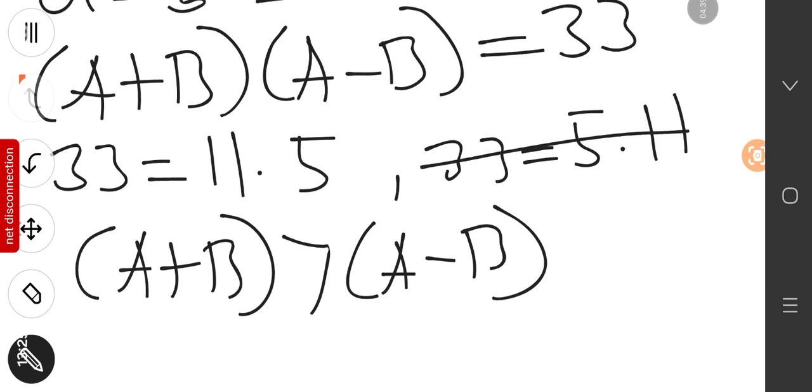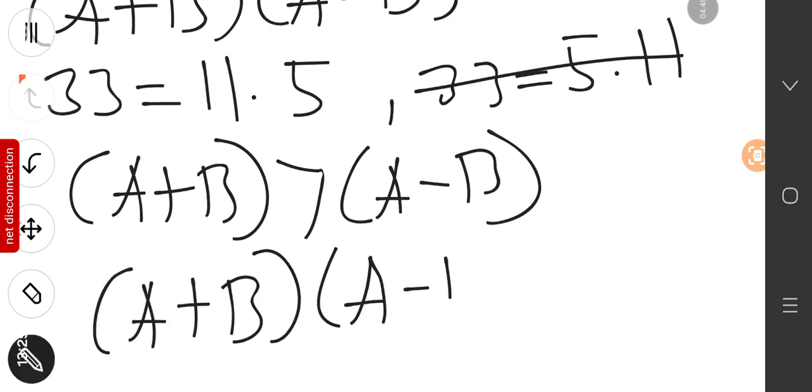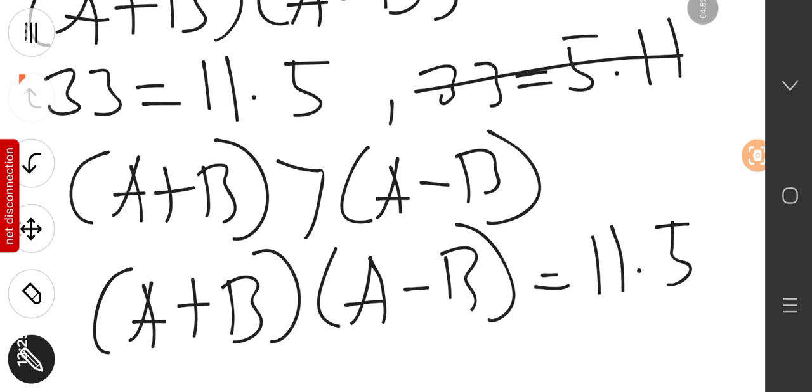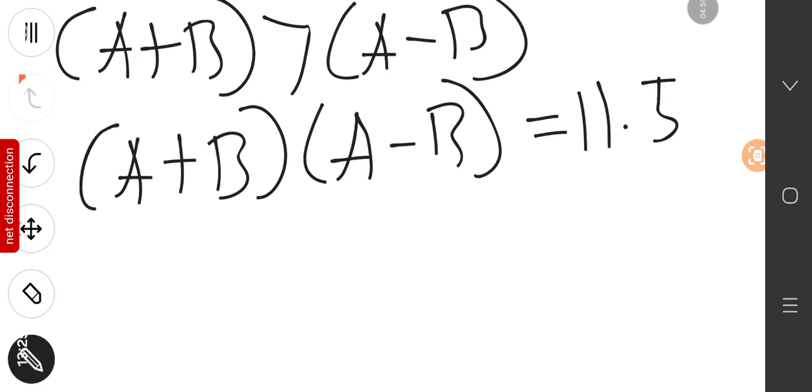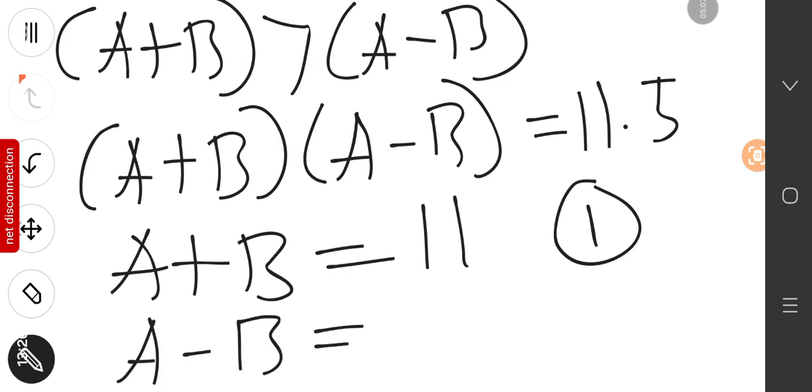So you have a plus b times a minus b equals 11 times 3. So we can say a plus b equals 11, let's call this equation 1, and a minus b equals 3, let's call this equation 2.